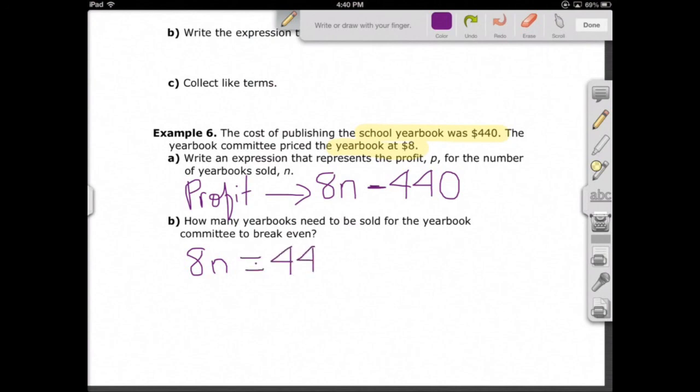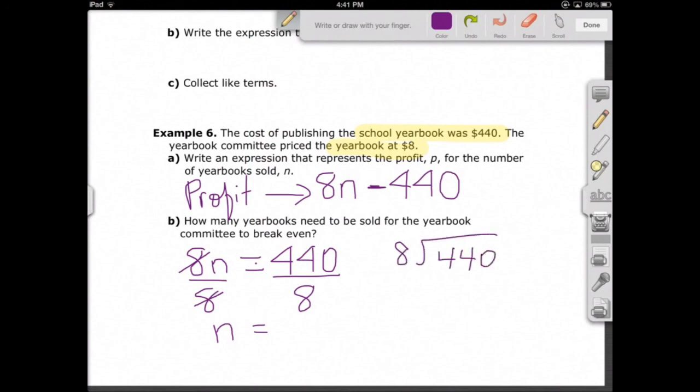Now, you're like, Mr. Bleeker, you're doing an equation. Well, that's okay. This is just a step 1 equation. Divide this by 8 if you remember your algebra skills, because we want to figure out how many we would have to sell, just n. And if you don't remember, there's no problem in saying, well, how many times does 8 go into 440?